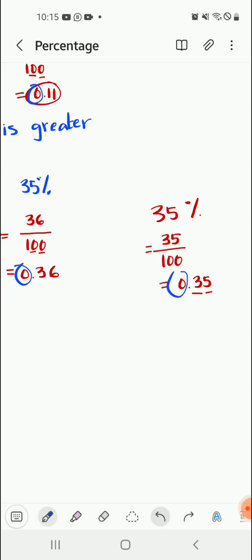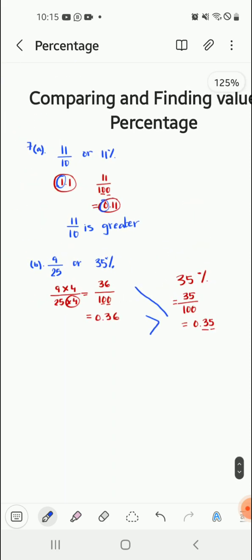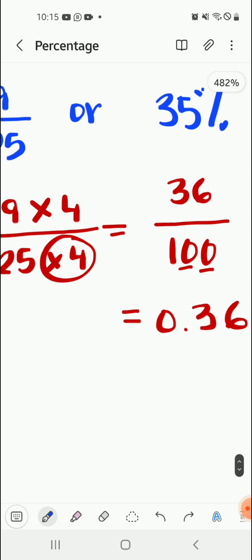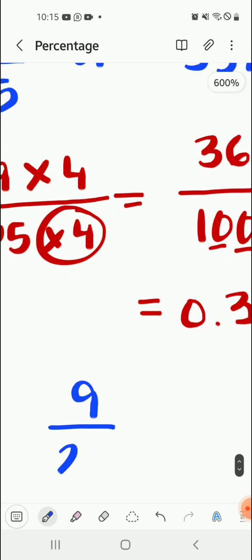So the greater number will be, of course, 0.36, which is represented in the question as 9 by 25. So we are going to write 9 by 25 is greater.